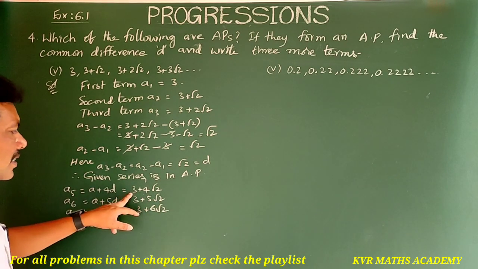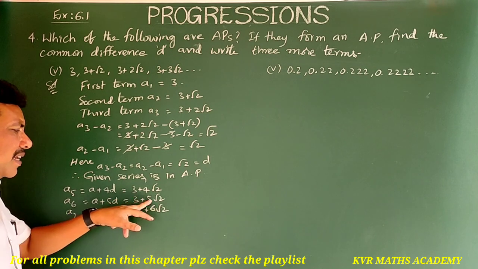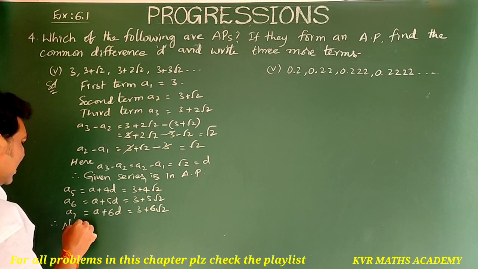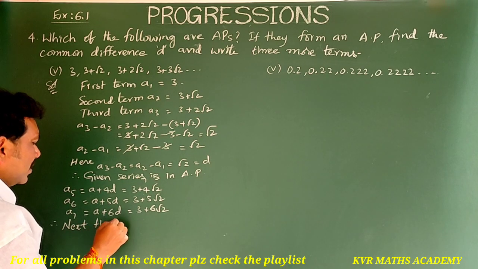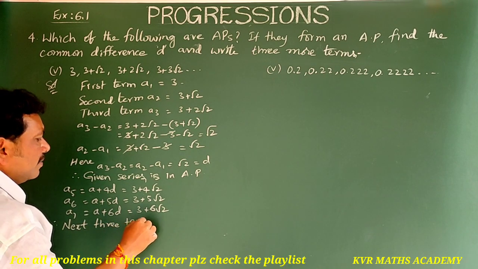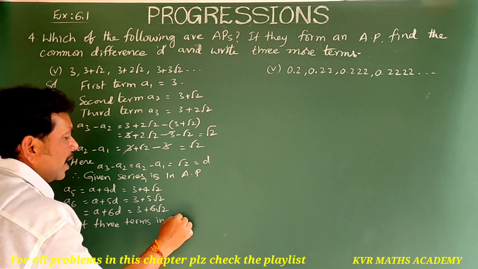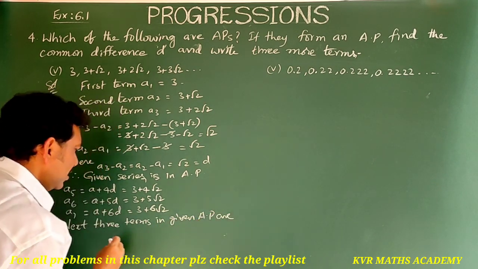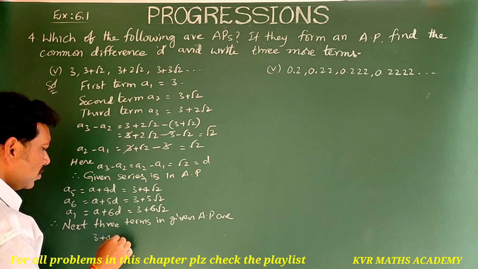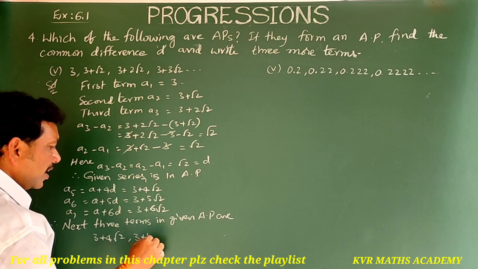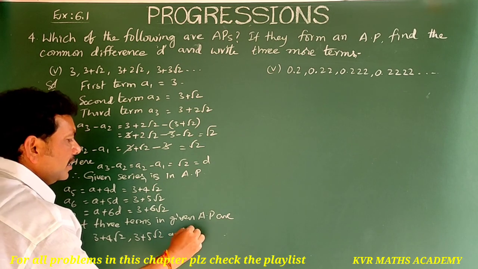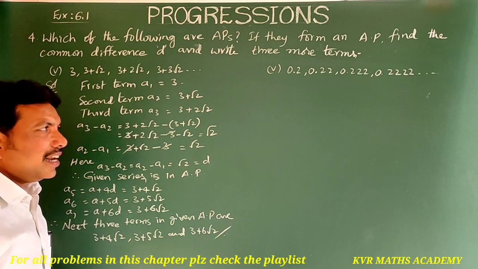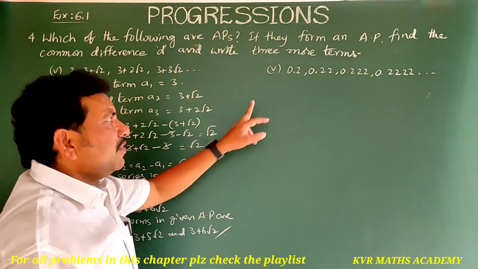Therefore, the next 3 terms in the given AP are 3 plus 4 root 2, 3 plus 5 root 2 and 3 plus 6 root 2. Understood clearly?